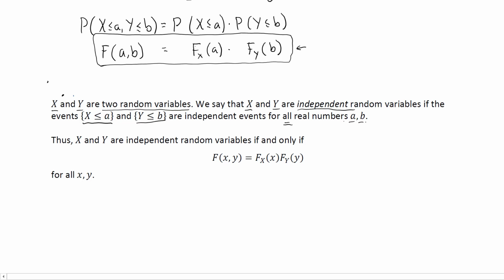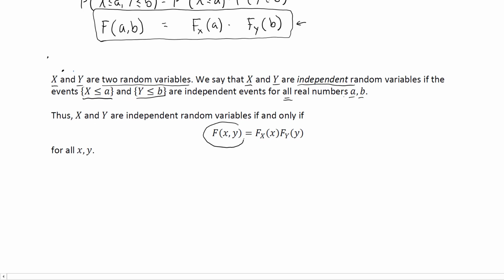That is, no matter which number you put here for a and b, you must end up with two independent events. This is the probability of the intersection. That must be equal to the probability of the first event multiplied by the probability of the second event. And it must hold for all x and y. So this is not too difficult to check.